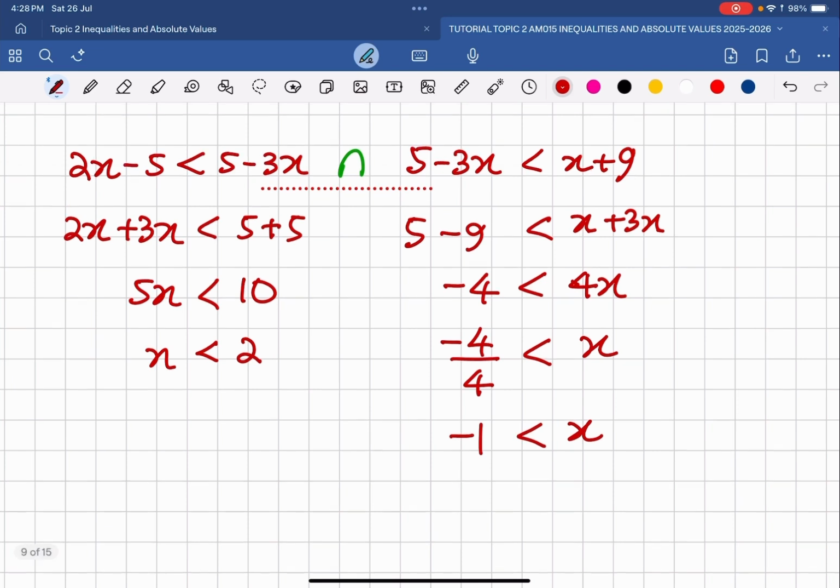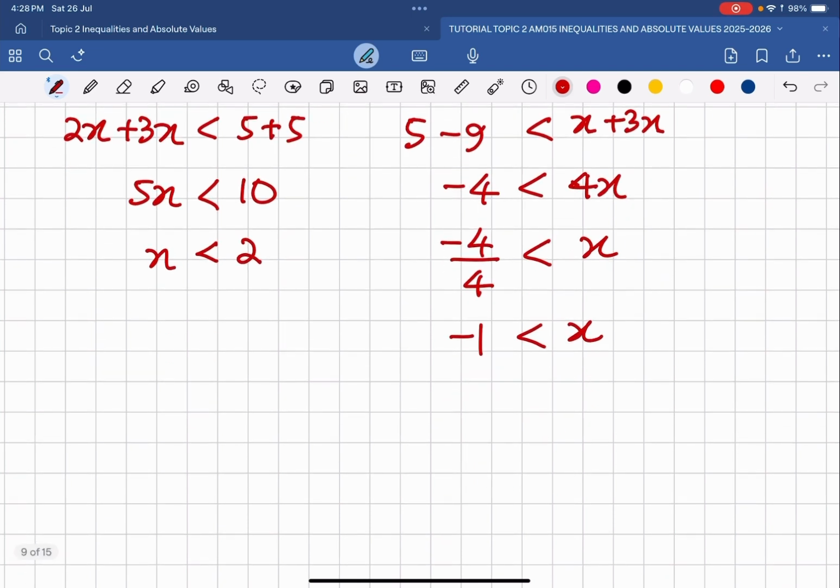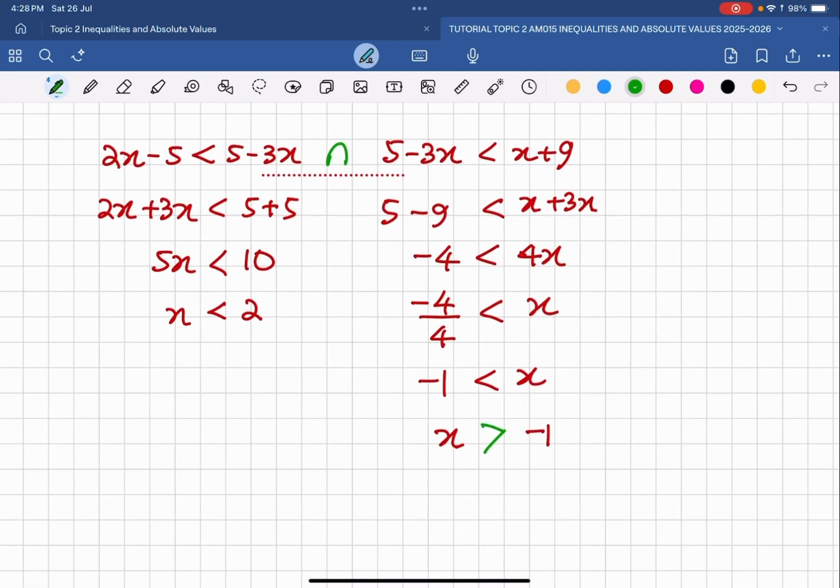Now let us swap the places because x must be always on the left hand side. Once we swap places, right hand side with left hand side, then it's going to be change of sign. So what we have to do next is to draw a number line.